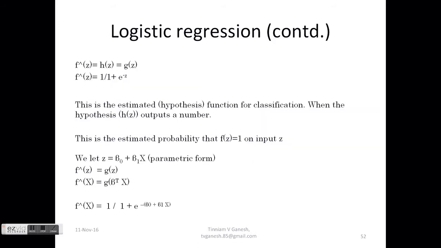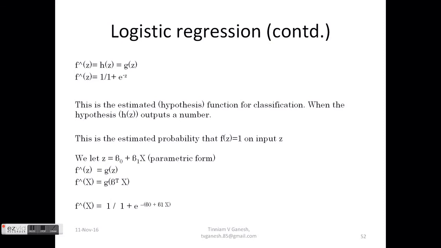That is done typically by the use of this sigmoid function. Again we choose a parametric form for the hypothesis, which we could say is of the type beta 0 plus beta 1 x.